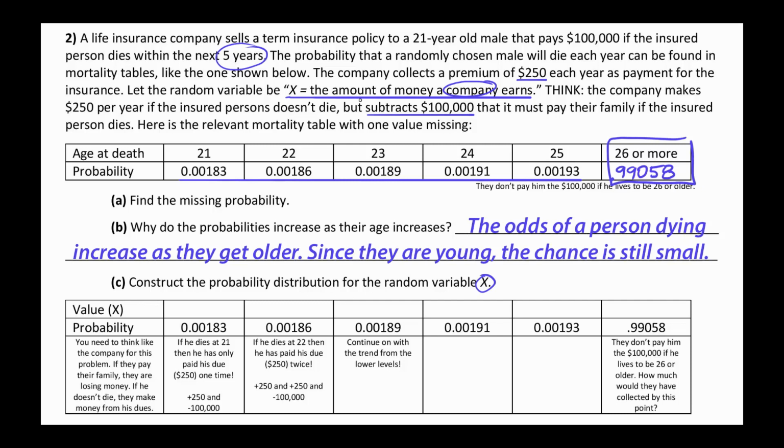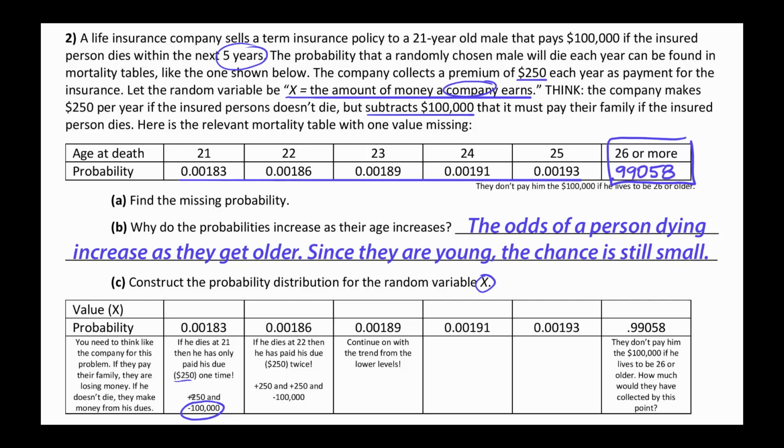X meaning the amount of money the company earns, all the way back up here in this part of the problem. So if we're thinking about the company, if we are looking at someone who's 21 and they've only paid their due one time, that's $250 that the company has earned. But if they died at the age of 21, the company is going to have to pay them, or subtract, the $100,000.